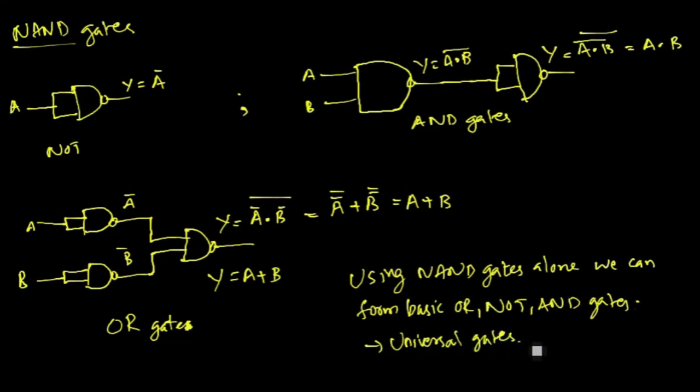So the NOR and NAND gates are called universal gates because all other fundamental gates can be constructed by using that gate. So that's all about these fundamental gates and De Morgan's theorem. Okay, thank you.